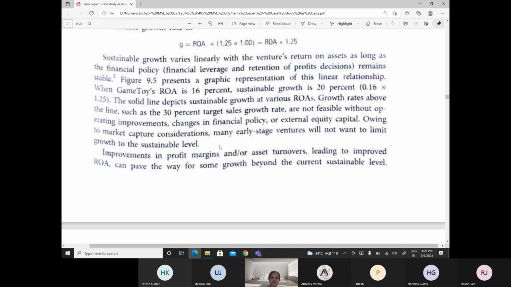Owing to market capture considerations, many early stage ventures will not want to limit growth to the sustainable level. So a lot of entrepreneurs who are not desirous of losing control or ownership would want to limit their growth to a sustainable level where they can use only their own internal funds to fund that growth.